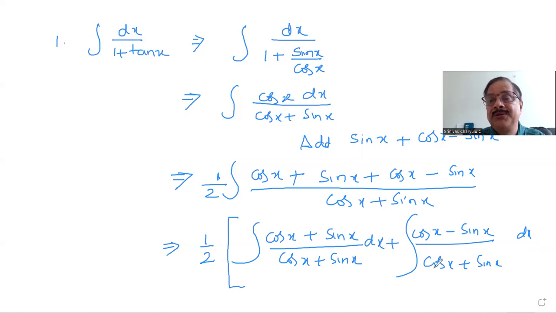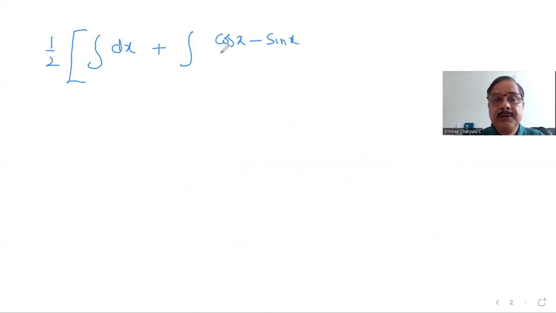Now here, the method of substitution. Put cos x plus sin x equal to t. Next step, integral. Half is outside. After cancellation, you will remain with dx. Here, for the second integral, first I'll write down what is remaining. For this, we put the denominator part as t.